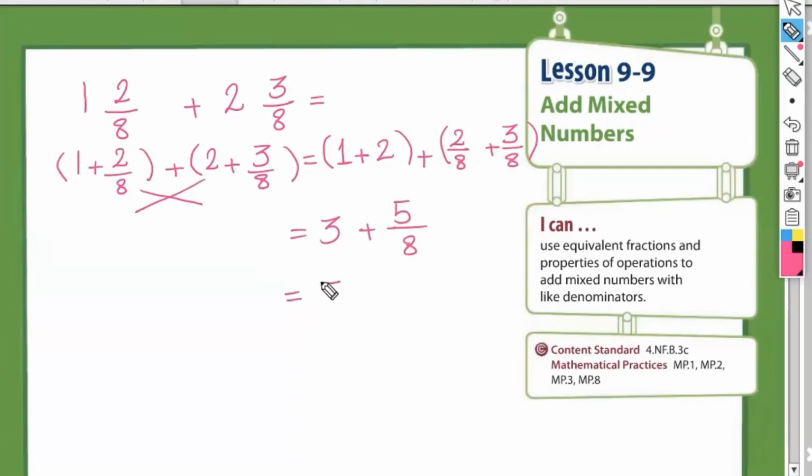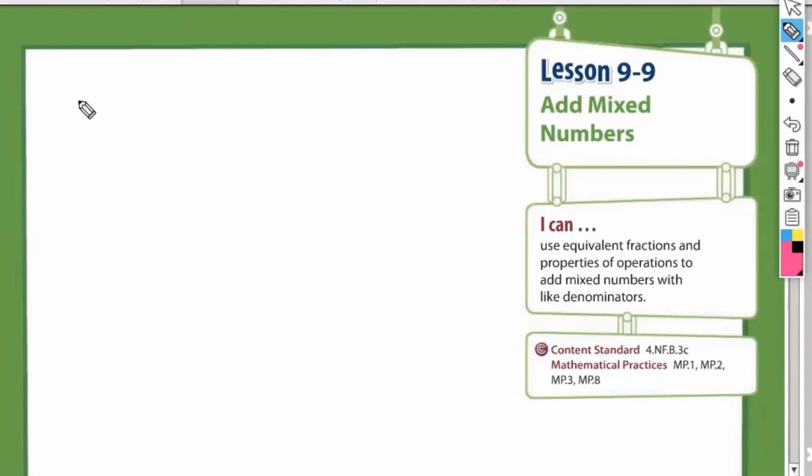The sum will be 3 and 5 out of 8. Here we have a whole part and what, teacher? A proper fraction.